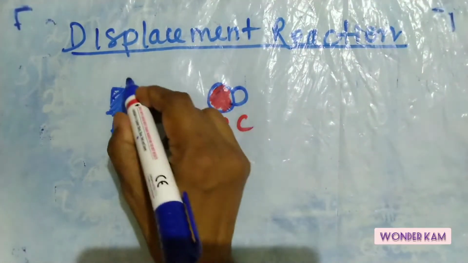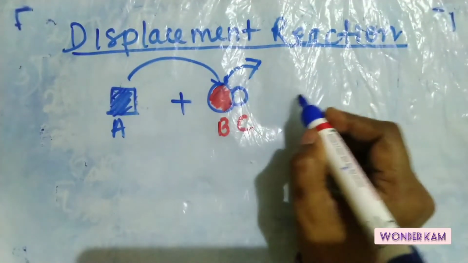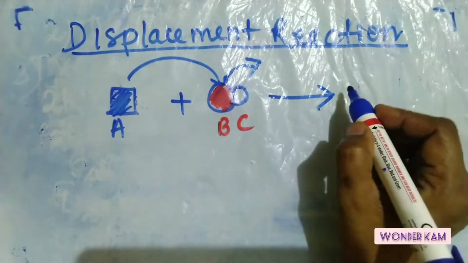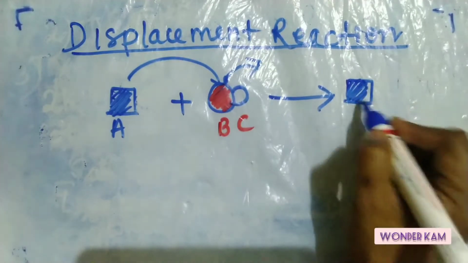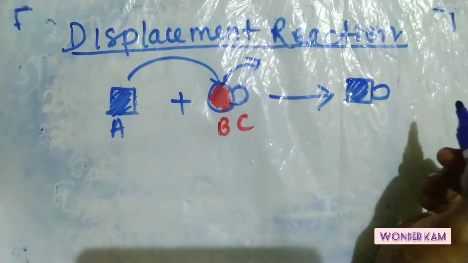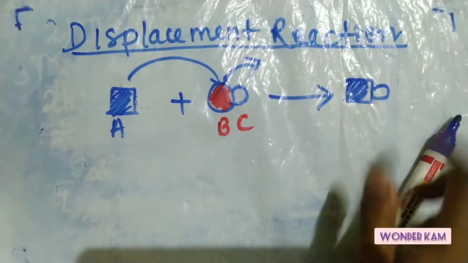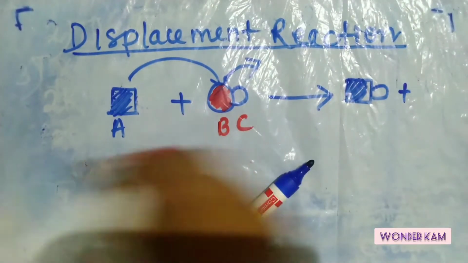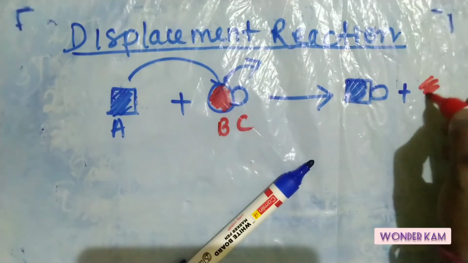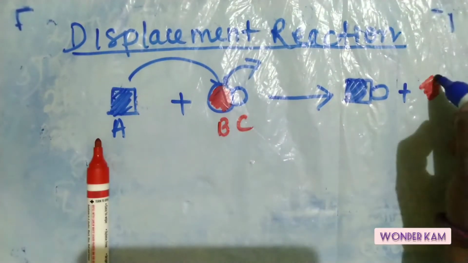It will come and take the place of B and remove C out.